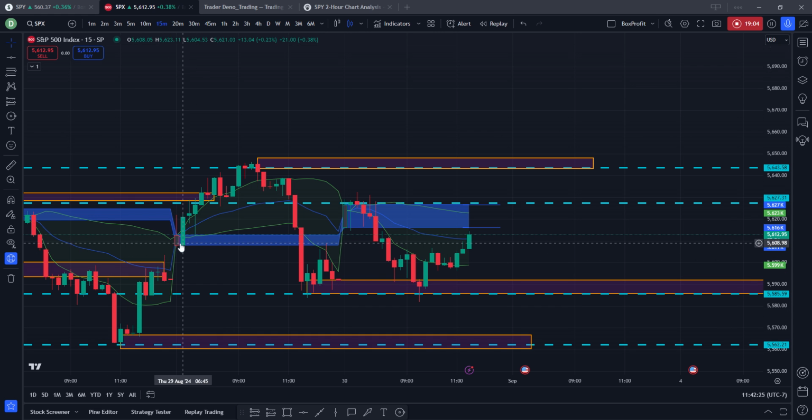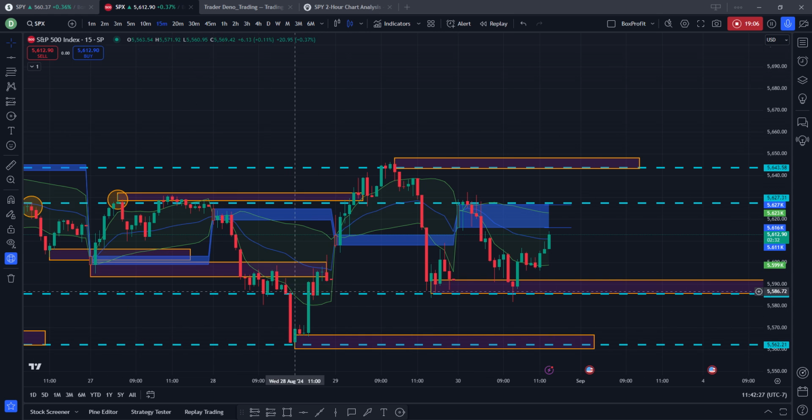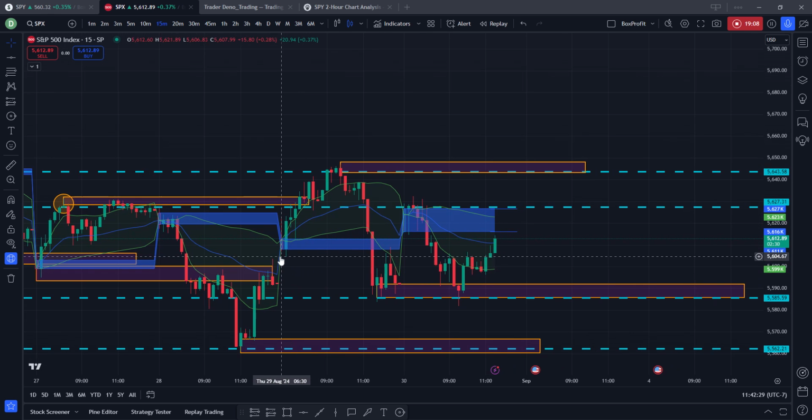Price opened right here in the middle of the previous day, went ahead and broke through the previous resistance level, which is where we would expect it to bounce. But note that entering that level, there was a lot of volume.